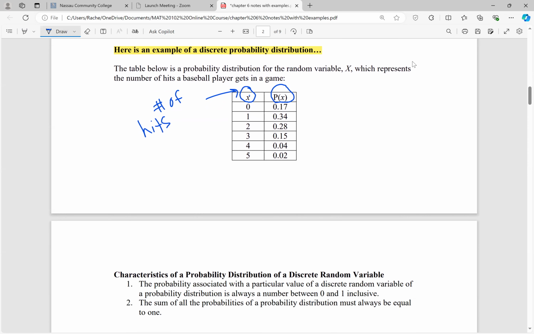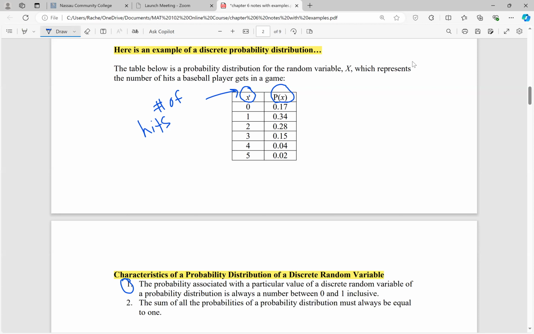So this is really important down here, characteristics of a probability distribution of a discrete random variable. So the first characteristic is that the probability associated with a particular value of a discrete random variable in a probability distribution always has to be a number between 0 and 1 inclusive. So what that's saying is that each one of these probability values has to be between 0 and 1 inclusive.